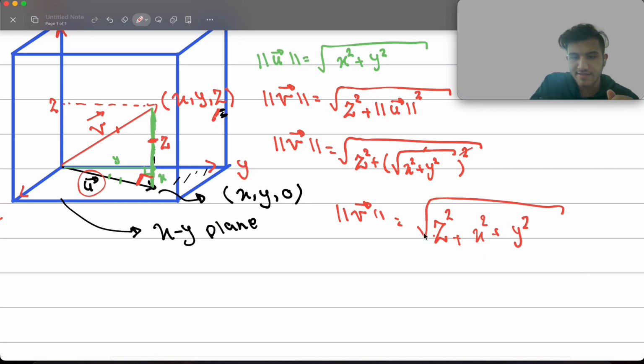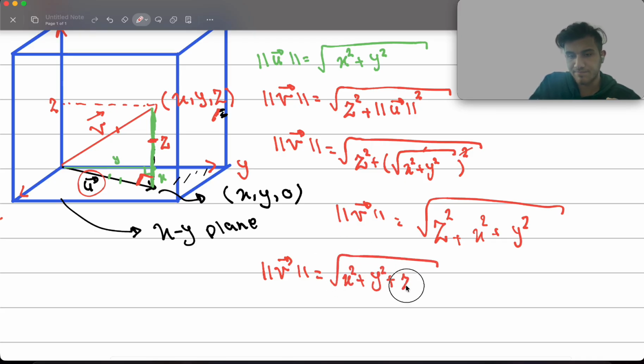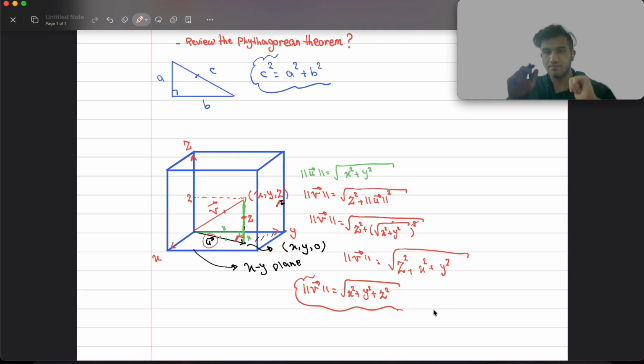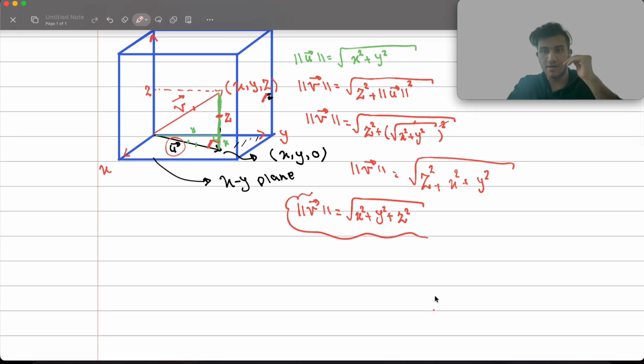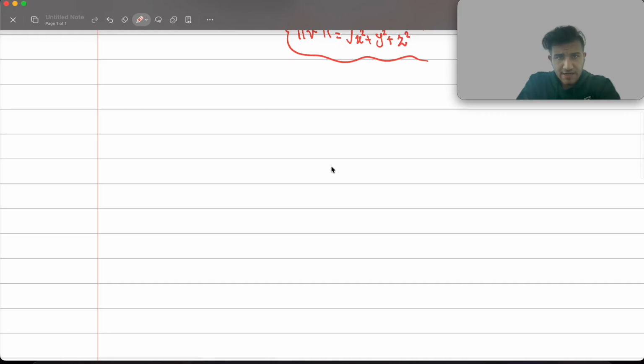If I want to organize it much better, I can say the magnitude of v is equal to the square root of x squared plus y squared plus z squared. Here you go. Now we proved the formula to find the magnitude or the norm of the vector in three-dimensional spaces.